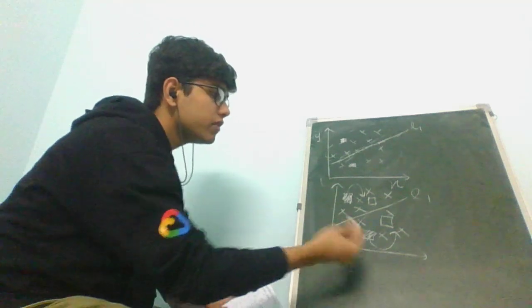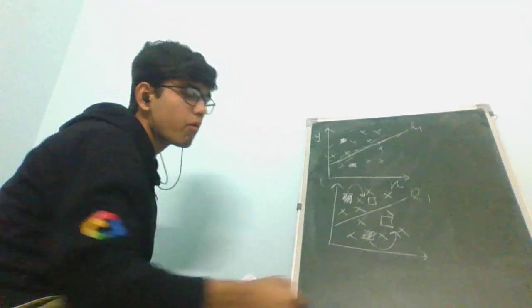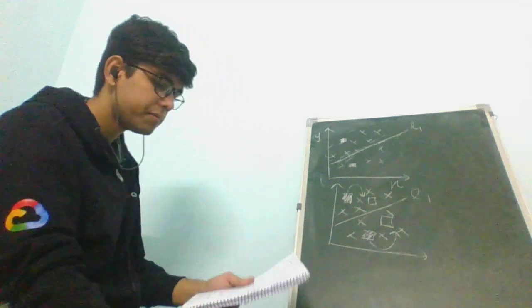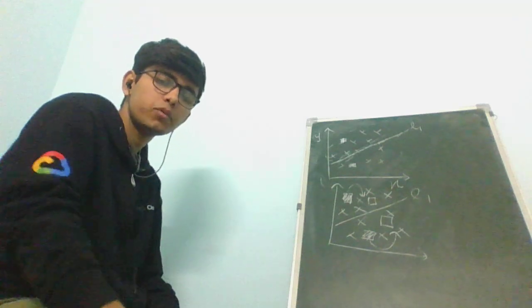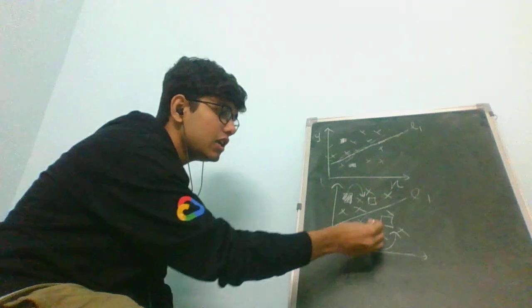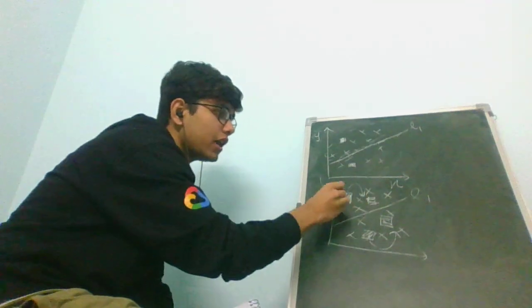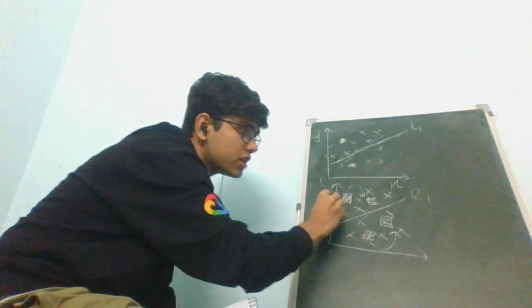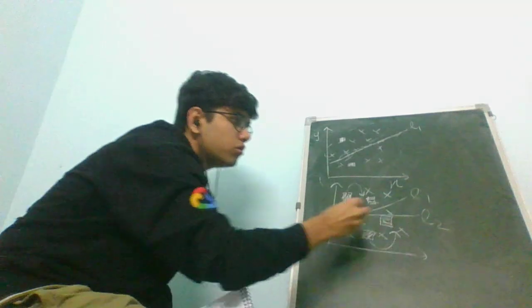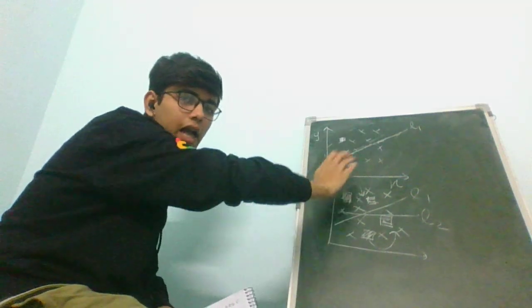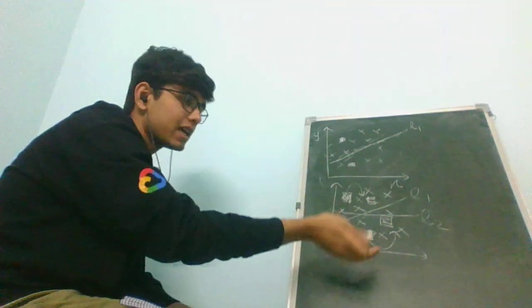Once we do that, there will be a point where there is no change between the new position and the old position. Once we make this our new centroid, we can create a new decision line, L2. So this classifies class A and class B.